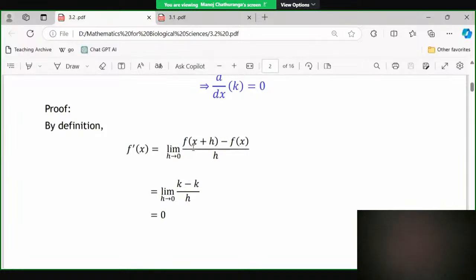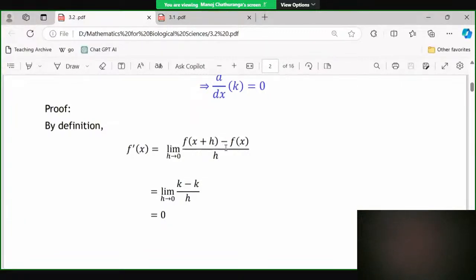So in the limit definition, the derivative f prime of x equals the limit as h goes to 0 of f of x plus h minus f of x divided by h. And in the numerator, both terms are the same constant k, because if a function is constant, its value does not depend on x.